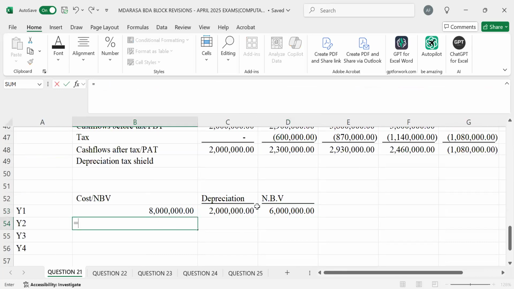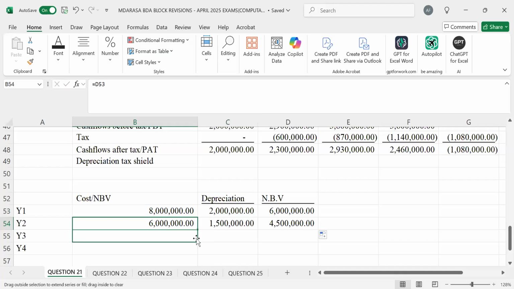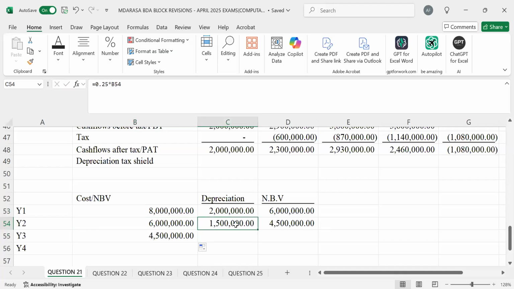Consider year 2. Our net book value would be the 600. Our rate is still 25%. Our book value will be that much. And year 3, this is what we'll be having.